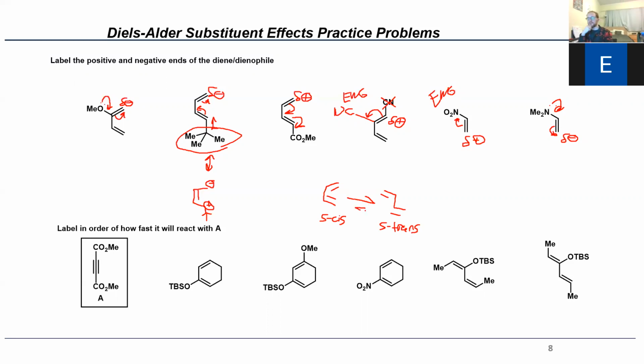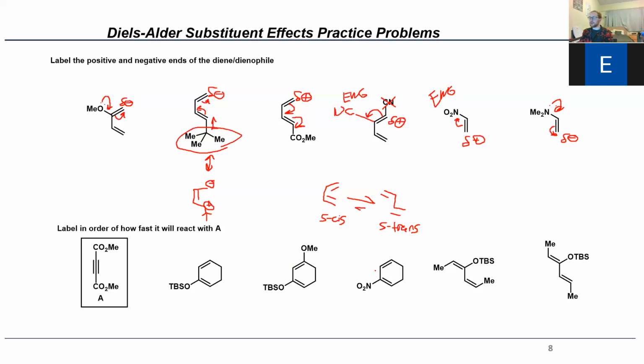And so one strategy to accelerate Diels-Alder reactivity is to lock the diene into the S-cis configuration. And so those are the major things I'm looking at when I'm determining these factors.